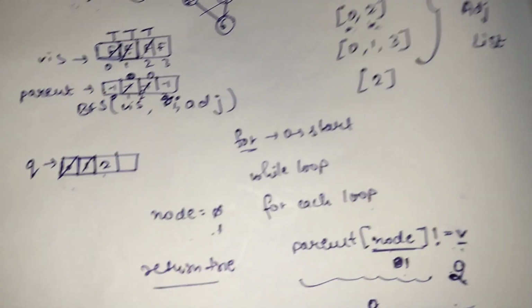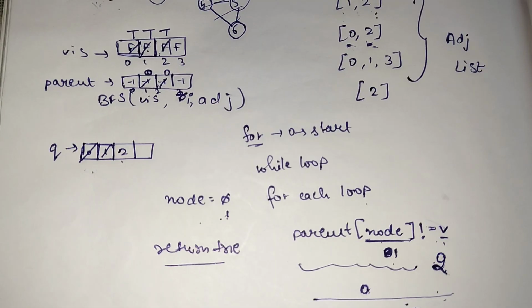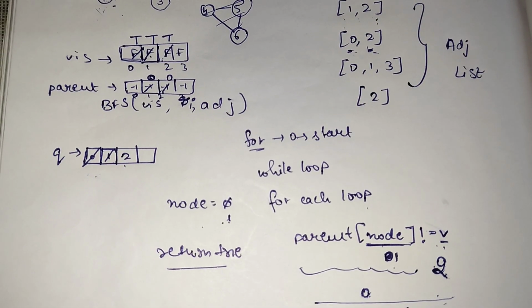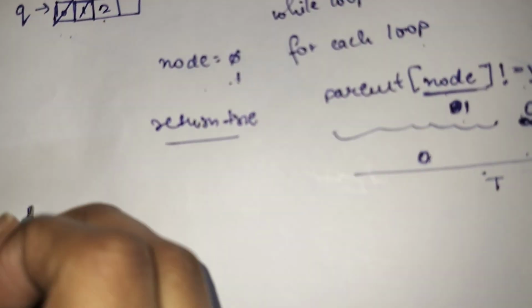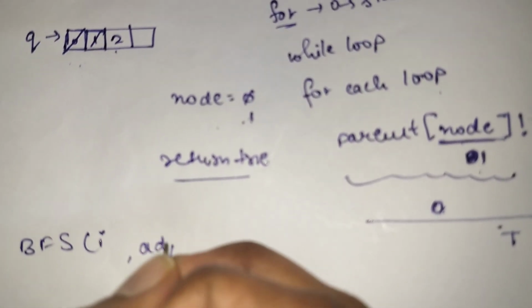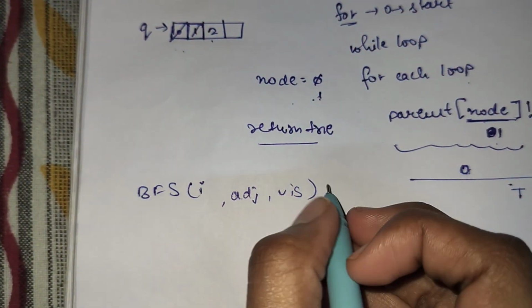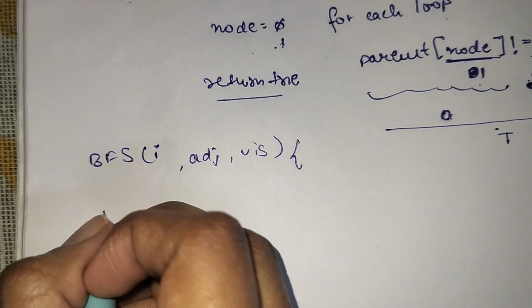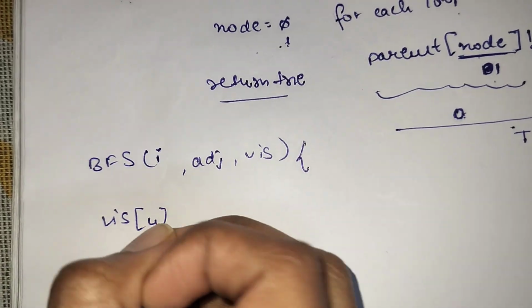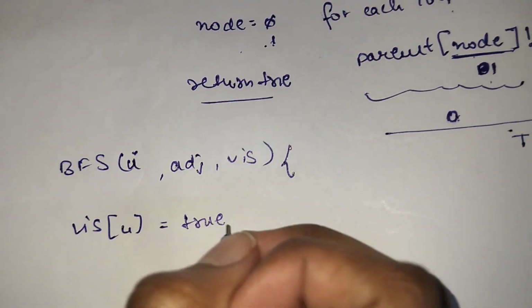Okay, I'll write the code to make it more clear. I'll write the BFS code. I have the adjacency list, and this is going to be this. First of all, we make the visited array, as in the example I took it as true.